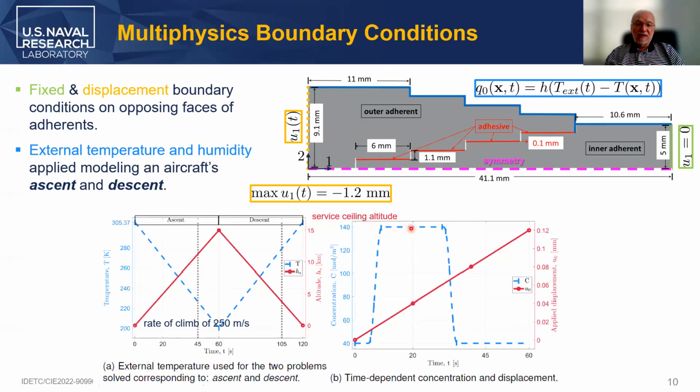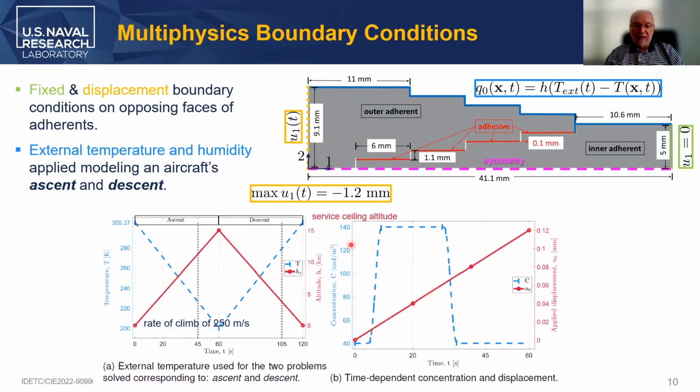And since the service ceiling of the F-18 is about 15 kilometers, we basically took a linear ascending and a linear descending trajectory, and of course that corresponds to about 250 meters per second, typical for this vehicle. And we use this time dependence for the temperature applied in this formula here for the flux, and the red is the convection coefficient.